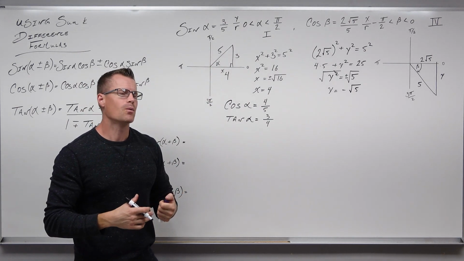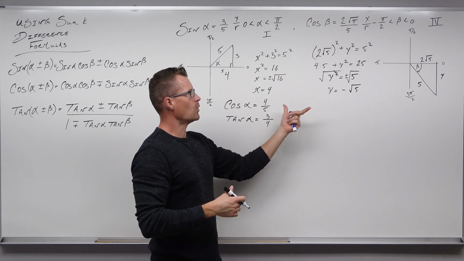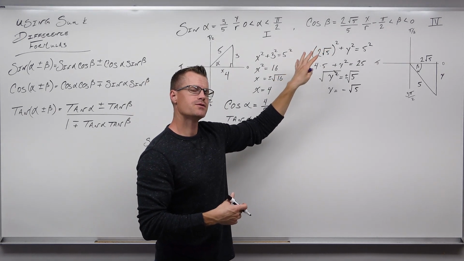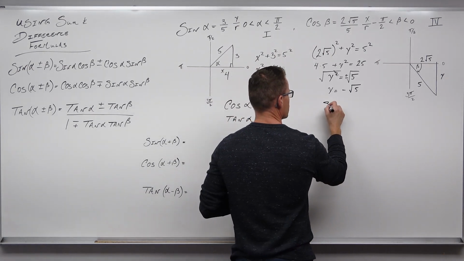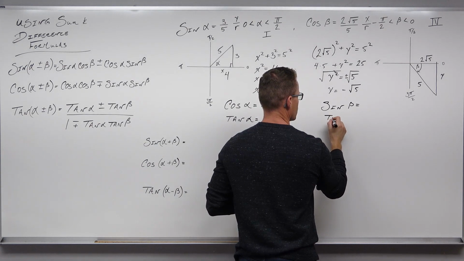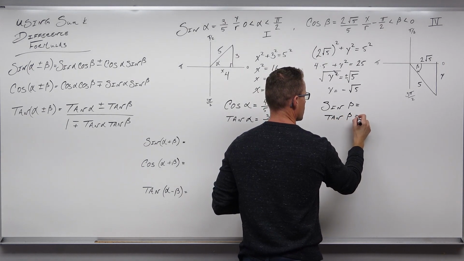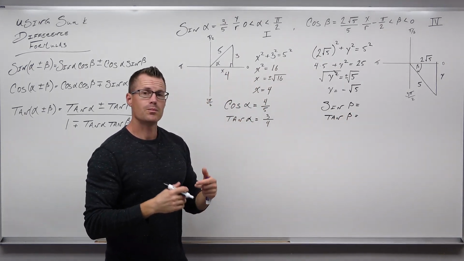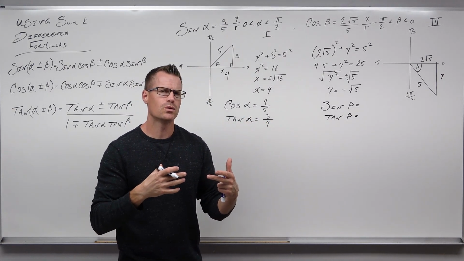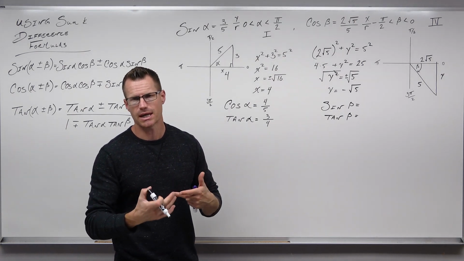So what we're going to do now is take a look at what we need to find. If we knew cosine of beta, well, we know that already. Let's find sine of beta and tangent of beta. Because we already gave our y value a sign, it will determine the signs of sine and tangent as well.